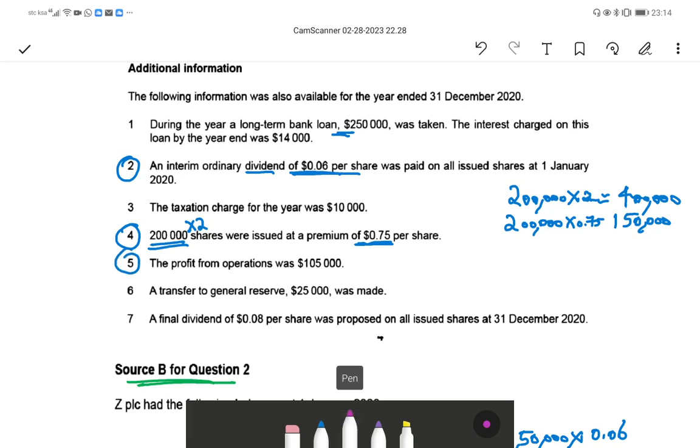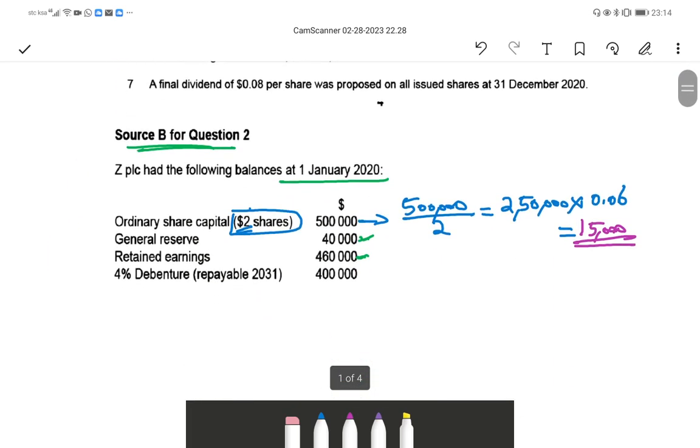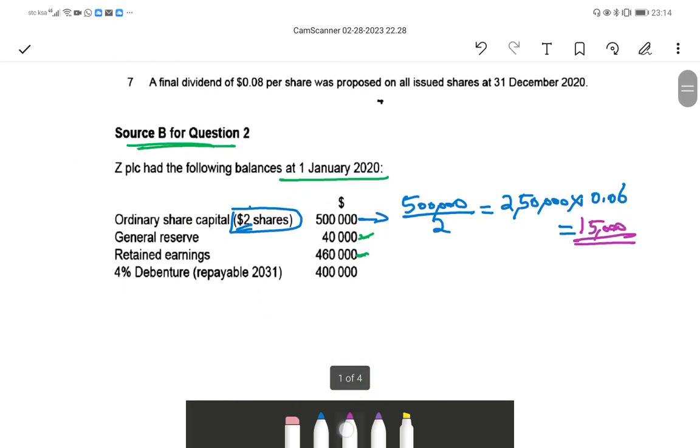Here the profit is 105,000 minus interest. Interest is given 4% of 400,000. 400,000 multiplied by 4% is equal to 16,000. That is one interest.